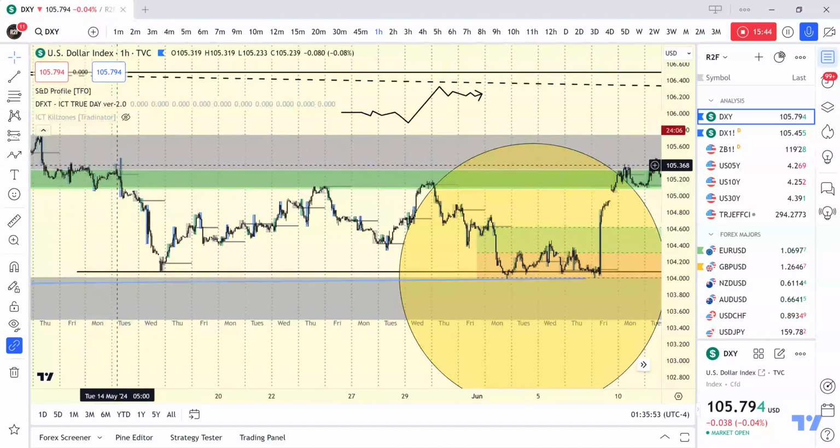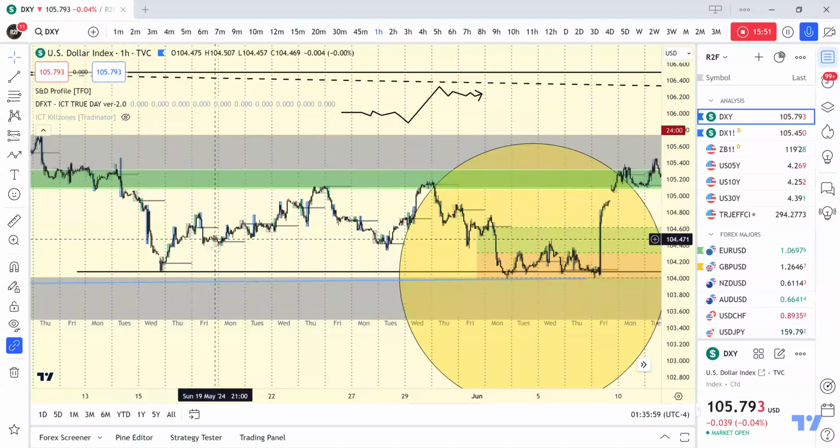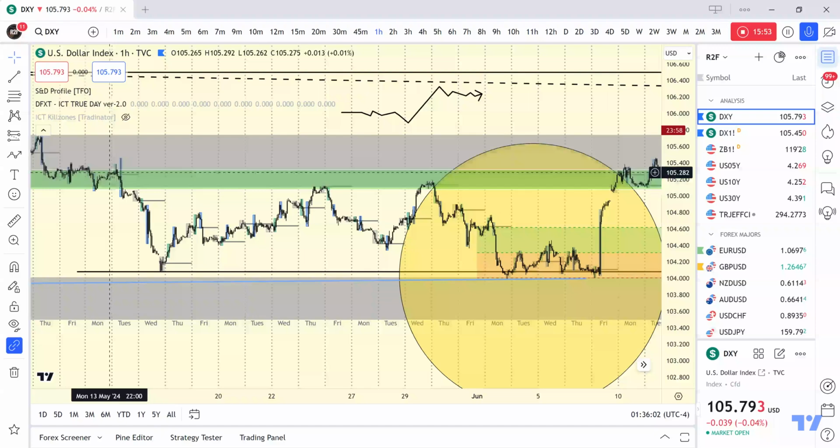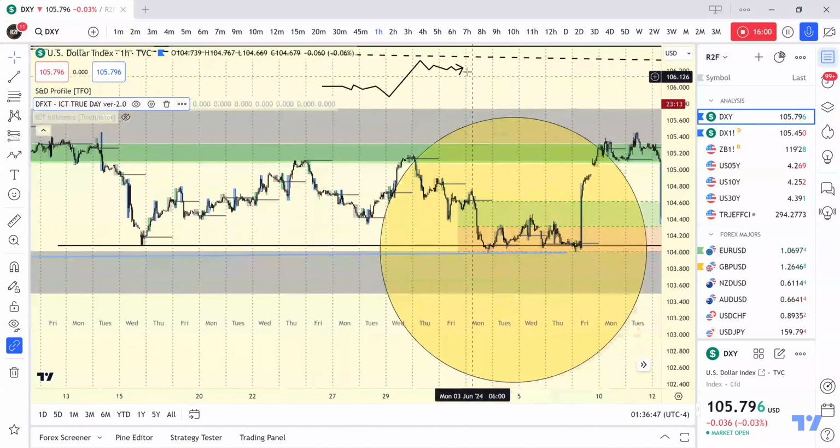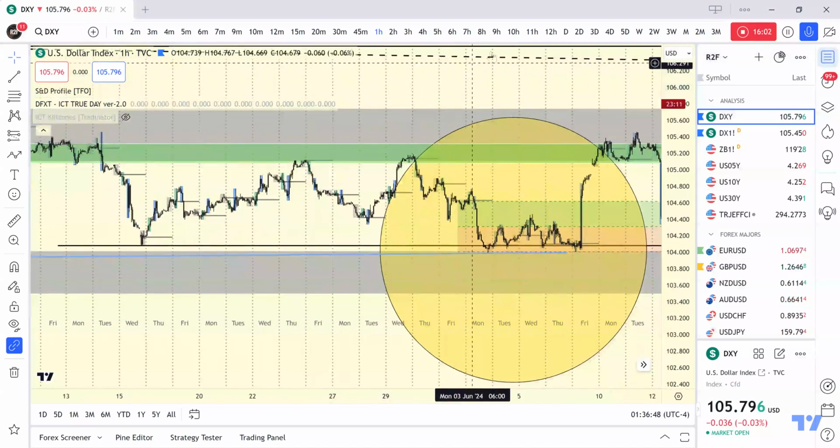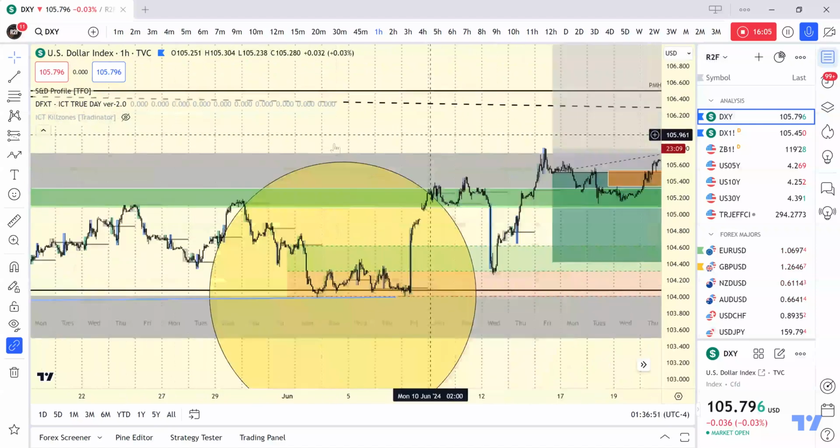You hit Monday, Tuesday. Tuesday makes the high of the week, and then close here. So that's the power of three for the weekly profile. Open, accumulation, manipulation, expansion, distribution. So those are one of the tools that you use in building your bias and narrative.